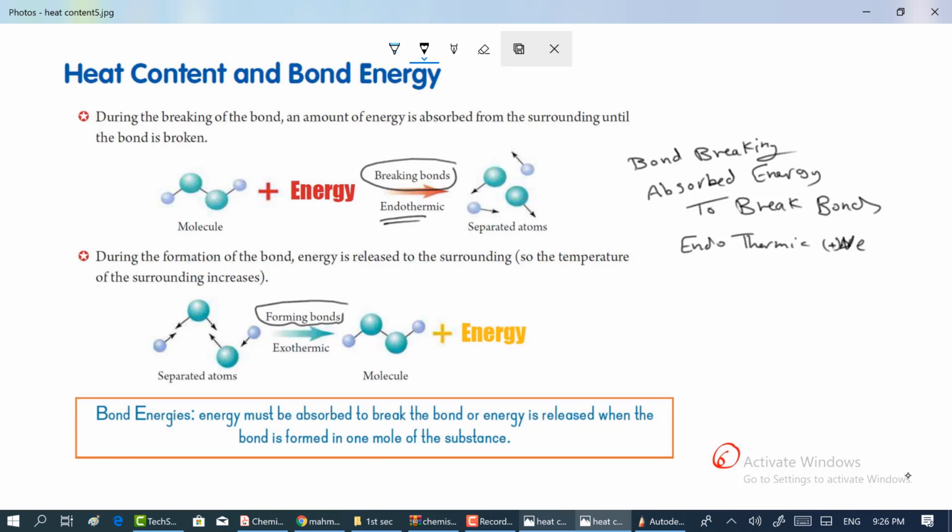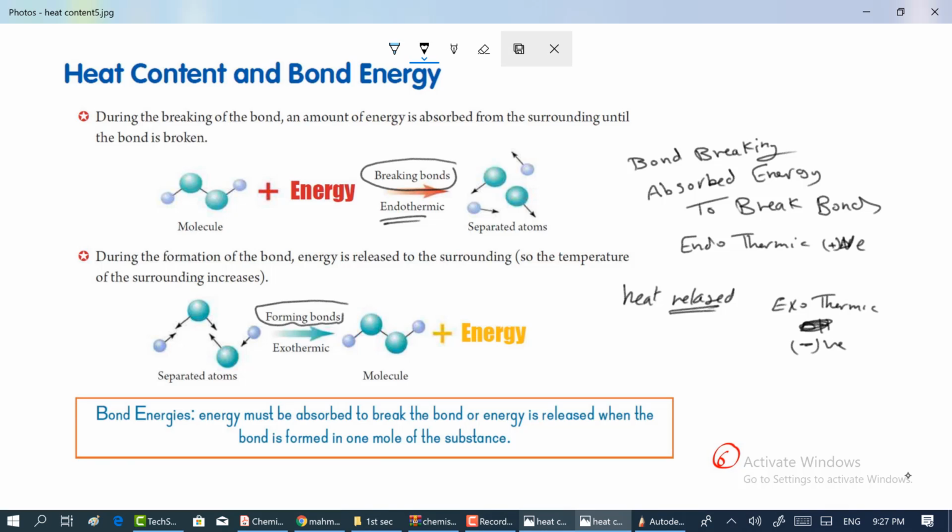Then after the formation of the bonds, the heat is released, which means it will be exothermic, with delta H having a negative value.